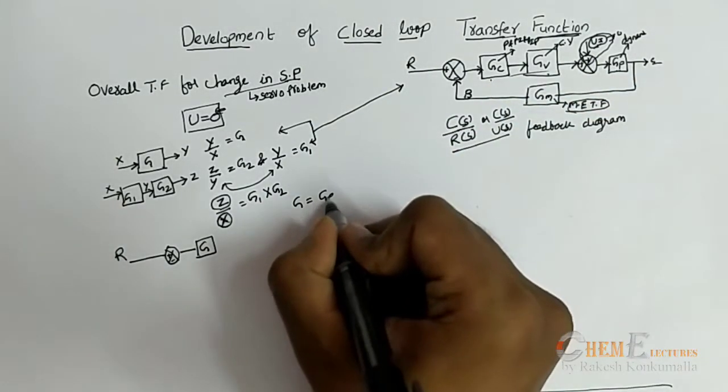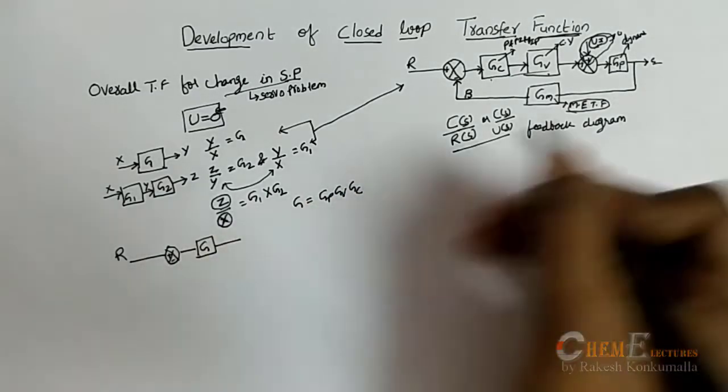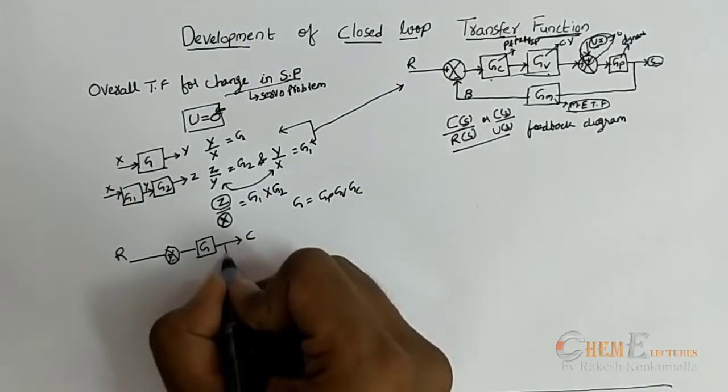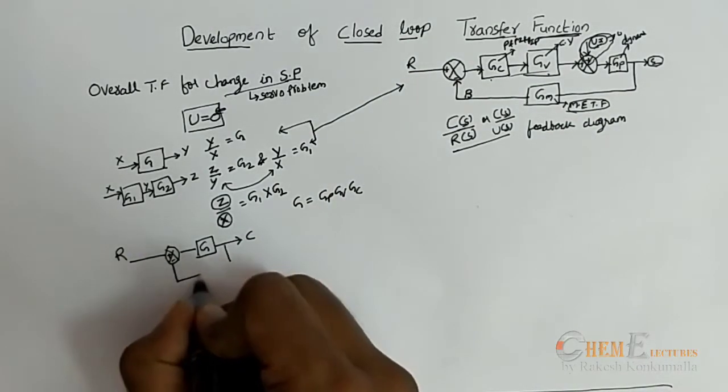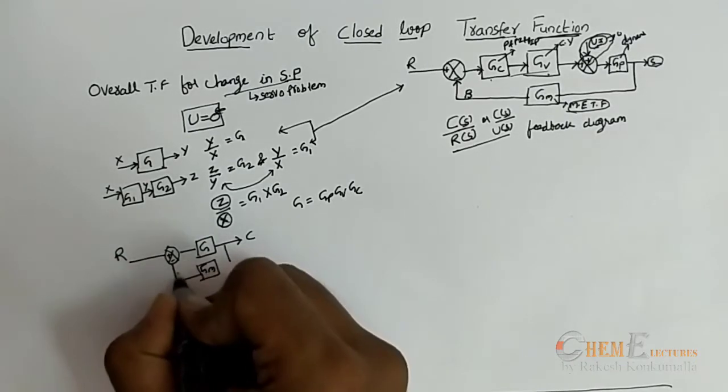G is equal to GP, GV and GC. Then we have the output C with a feedback loop GM. Here it is B.